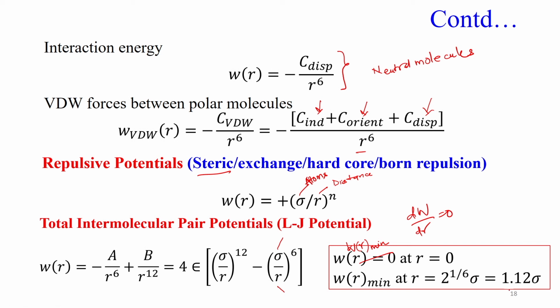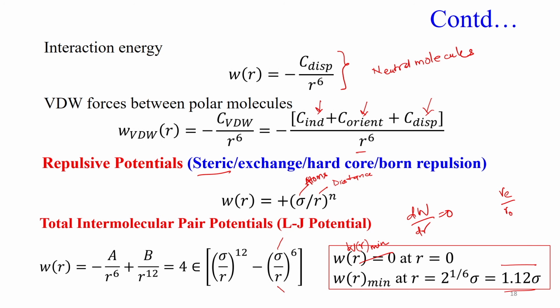It means at 1.12 times the size of the molecules, the two molecules are at equilibrium, 1.12 sigma. If you remember, in the previous exercise we got the same value, the ratio of r e upon r naught, which was 1.12.